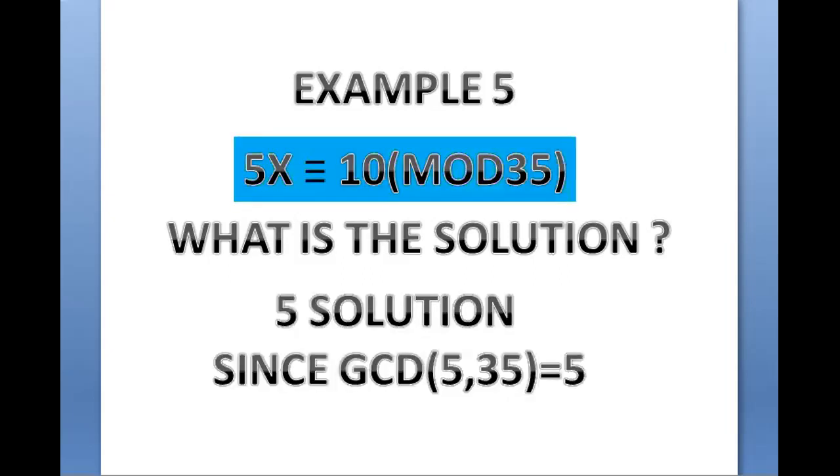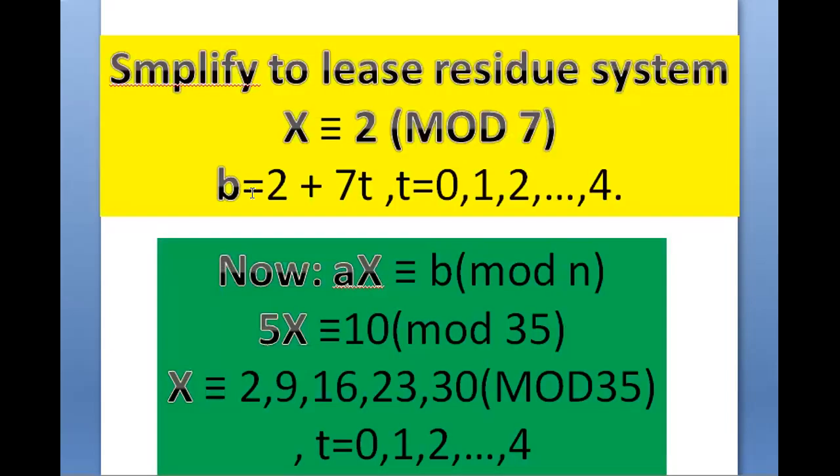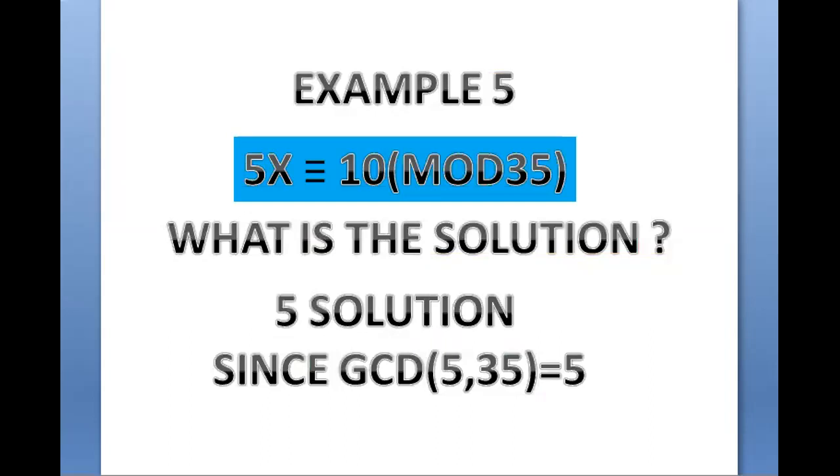So we got example 5. This is a multiple solution case. There are 5 solutions because the gcd of 5 and 35 is 5. So how do we simplify to the reduced system? We get x ≡ 2 (mod 7). Previously it was 5x ≡ 10 (mod 35).